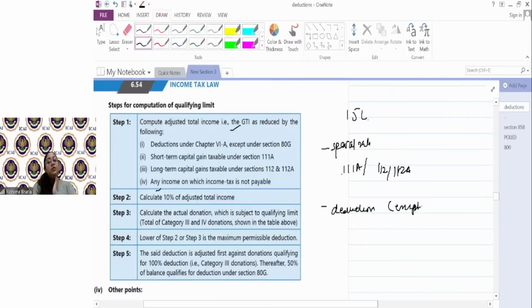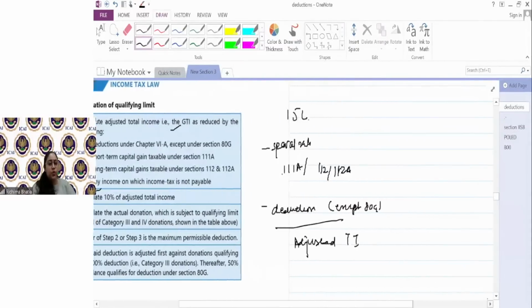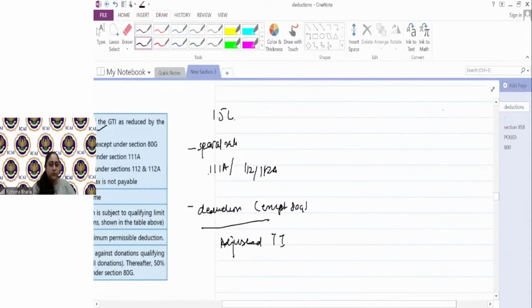मतलब any deduction which a person has taken under 80C, 80D, all deductions from 80C to 80U, remove all the deductions. ठीक है. That would be your adjusted total income. So to continue an example, let's say a person has 15 lakh as salary income computed, 2 lakhs of capital gain.